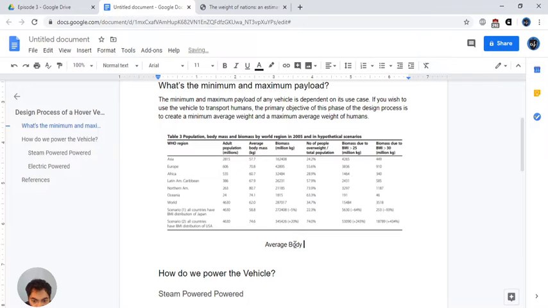Average body mass of humans in different continents. Oh, that's funny. Across all countries, Japan has the lowest BMI distribution, and it turns out the USA is the highest.